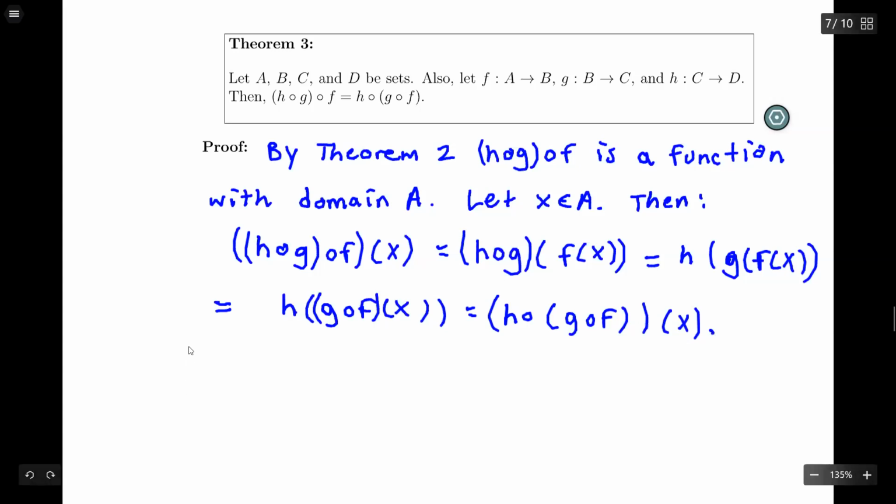So by Theorem 1, this implies that they're equivalent.